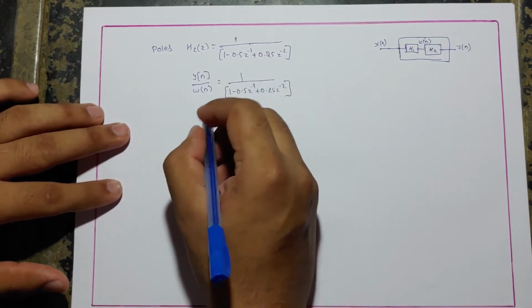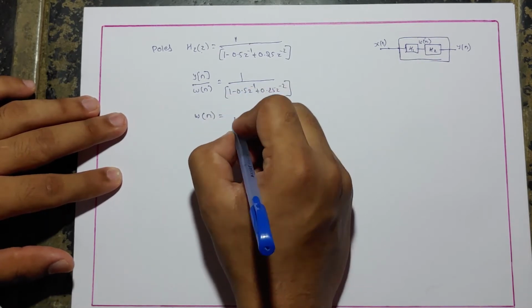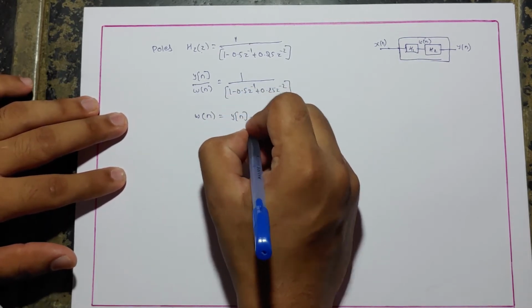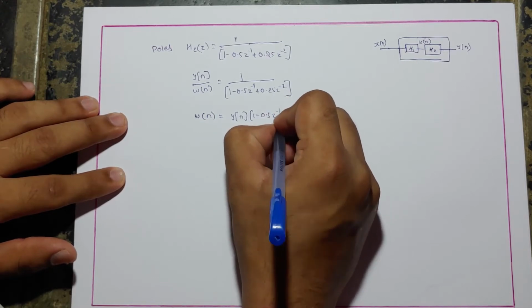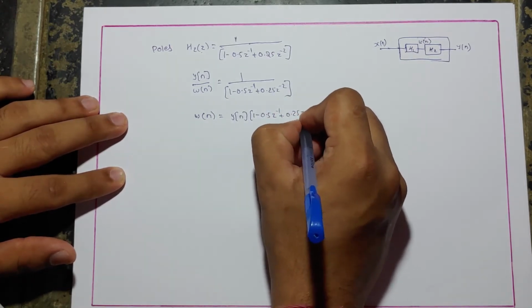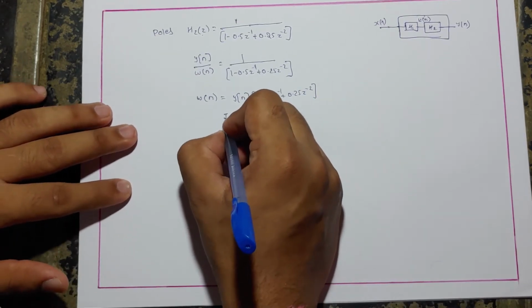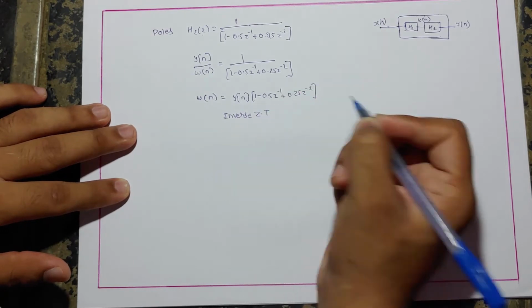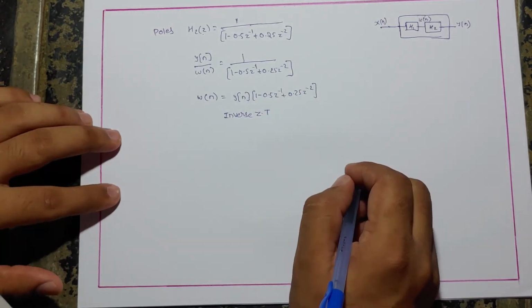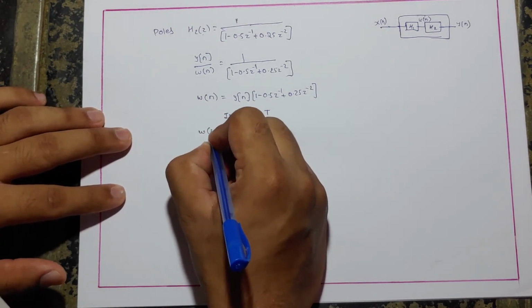Now cross multiply. That is w of n is equal to y of n times 1 minus 0.5 times z power minus 1 plus 0.25 times z power minus 2. Now let us apply the inverse transform for our observation.